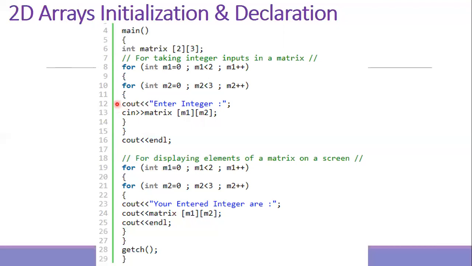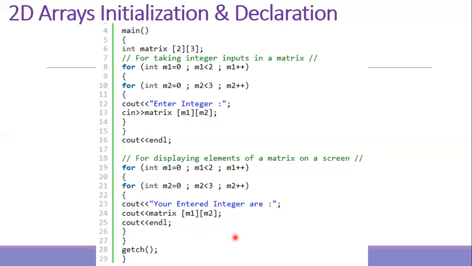In line number 12 and 13, we have input the values, and here in line number 23 and 24, we are outputting the values of the matrix. This is the very simple example that I have discussed with you. This is how we can fill and print a 2D array basically.